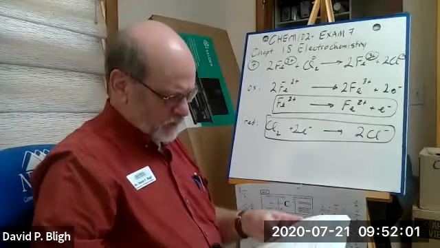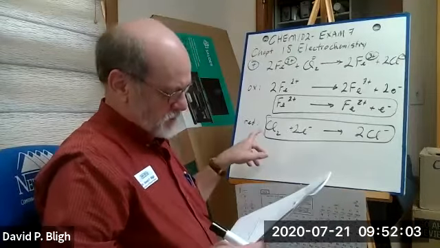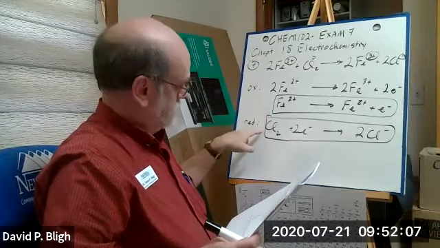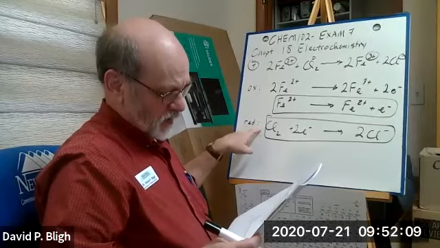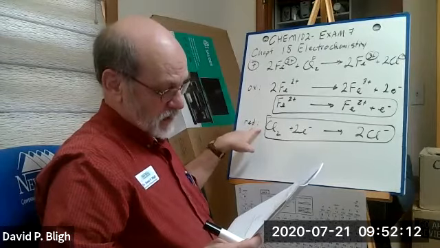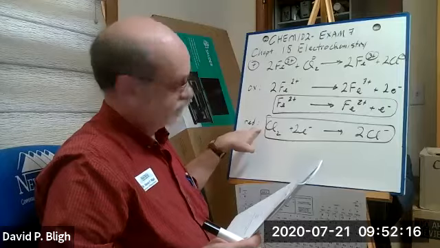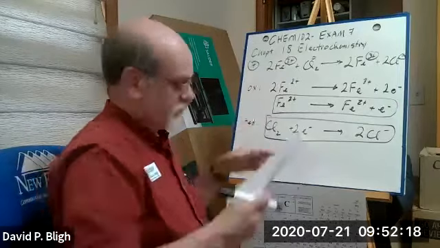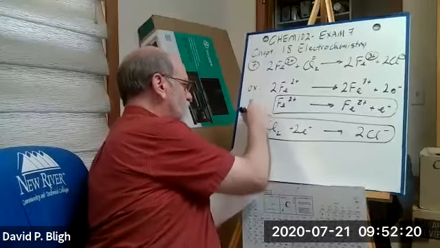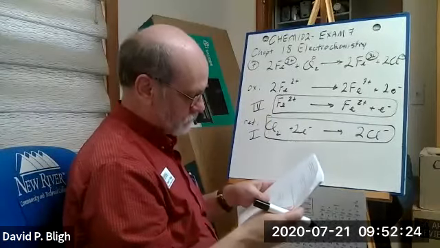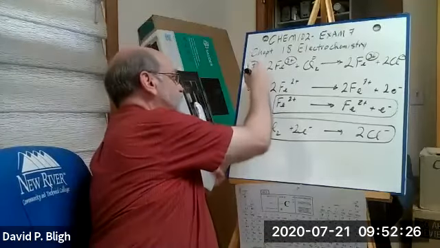So let's see, that one fits in with Roman numeral 1, okay, and Roman numeral 4. So 1 and 4, which means A.